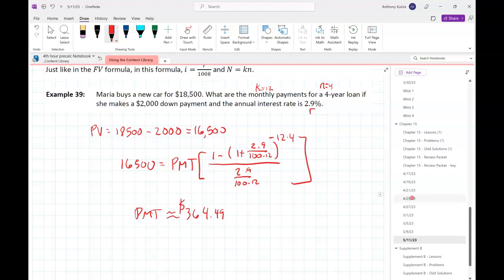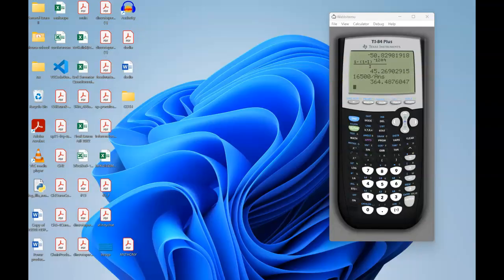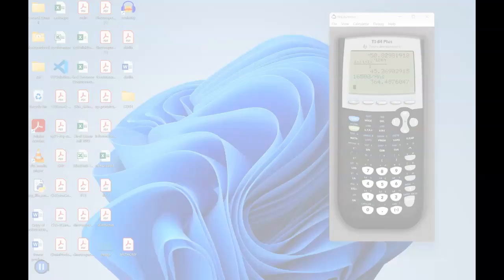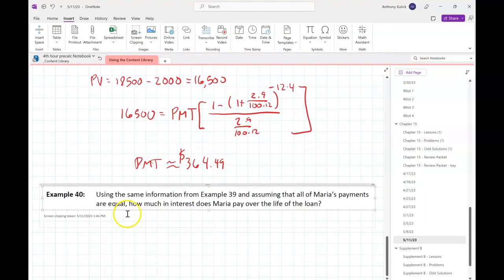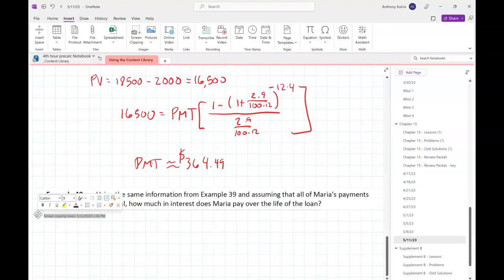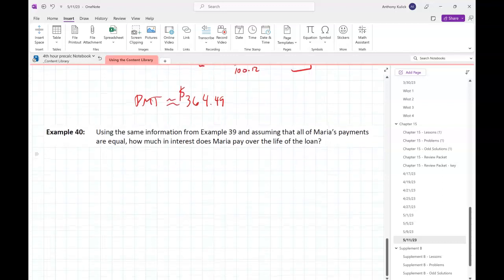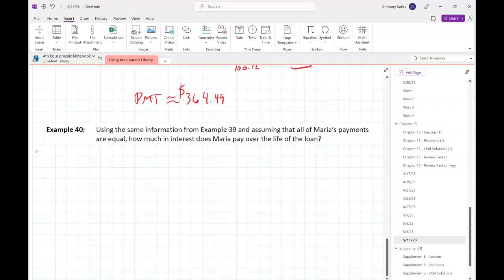So for $364.49 every month, Maria can walk away the proud owner of a new car, whatever that car is, probably a Toyota Corolla or something. I'm just making jokes. It's the most common car in the world, and it's relatively inexpensive based on the $18,000 price point.